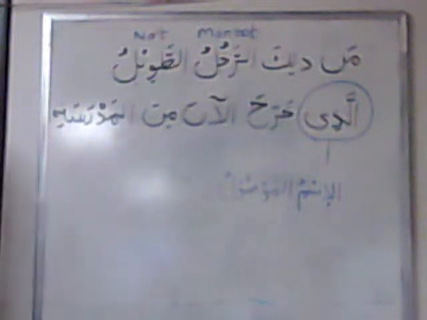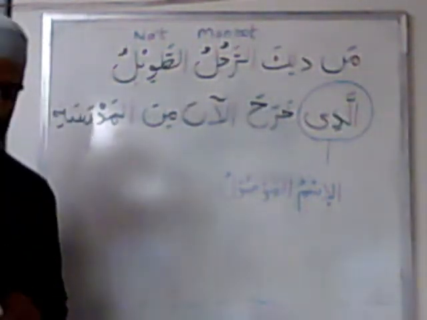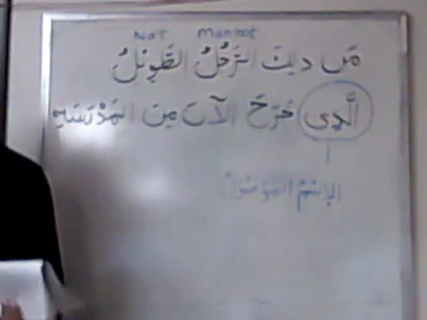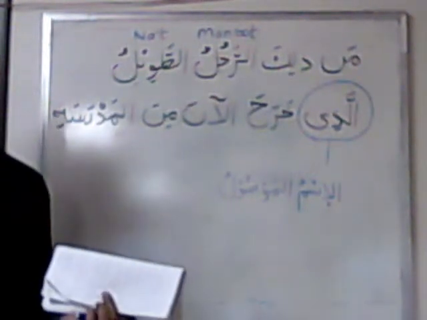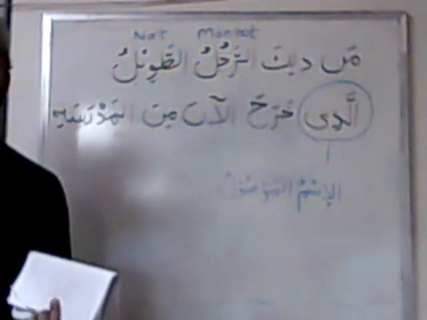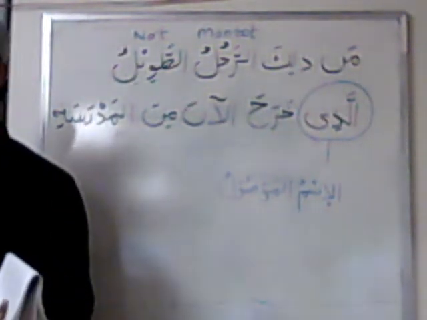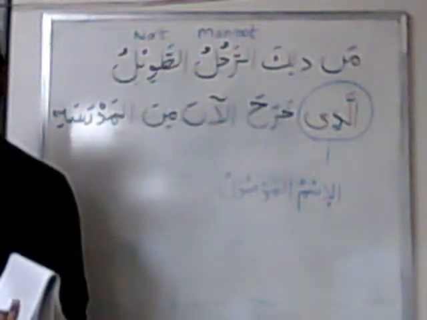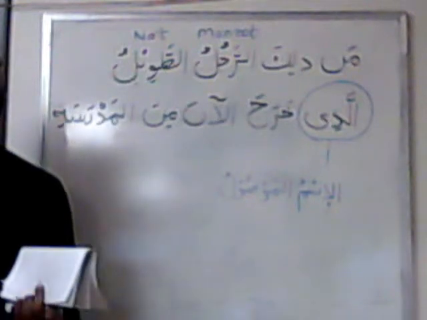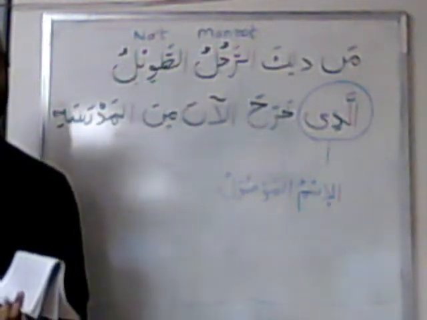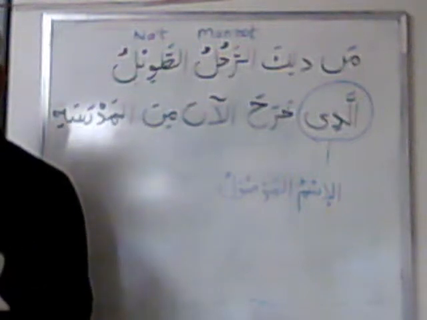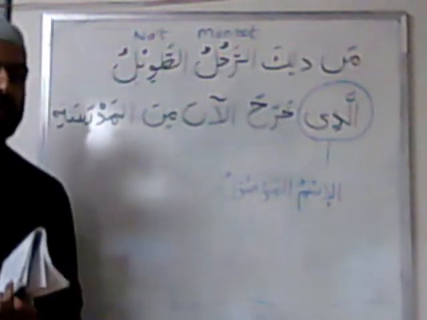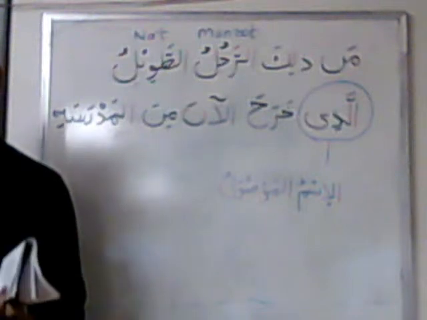What is al-ismu al-mawsul? The relative pronoun. It's a pronoun, but it is relative to the one you are talking about. If you're talking about a male, then it is alladhi. If you're talking about a female, then it is... What is the relative pronoun for the female? No, that's a pronoun, not a relative pronoun. It's allati. For a male, it's alladhi. For a female, it's allati.